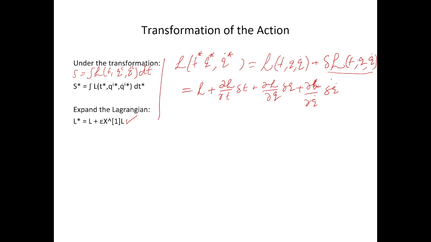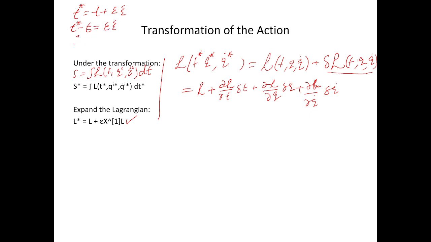So that is the change in the Lagrangian, that is, the variation of the Lagrangian. Now we see from the previous slides that T star is T plus epsilon xi. So T star minus T is equal to epsilon xi.